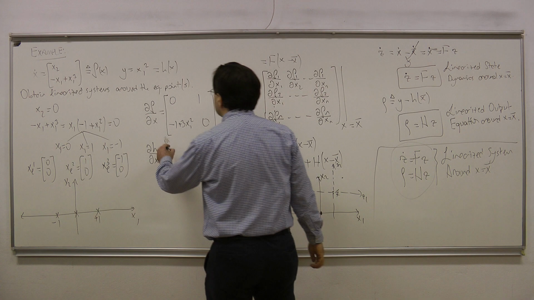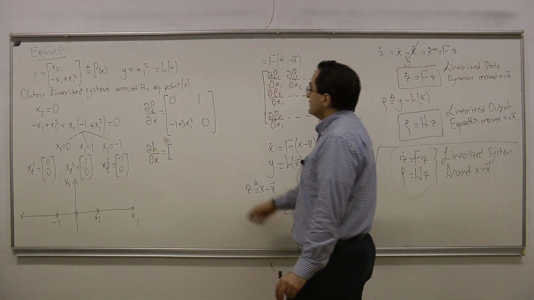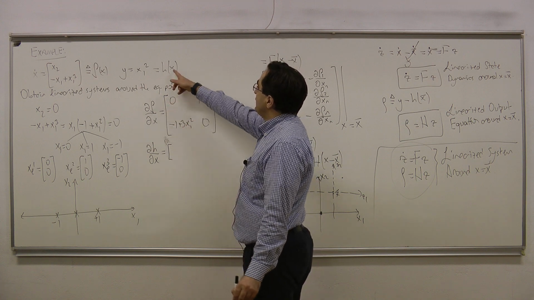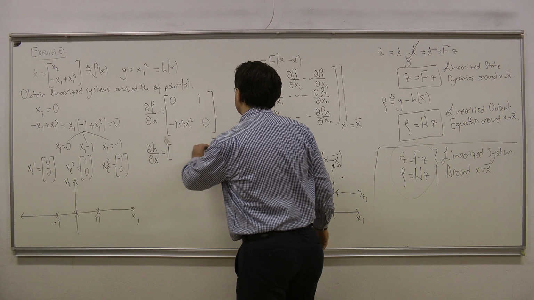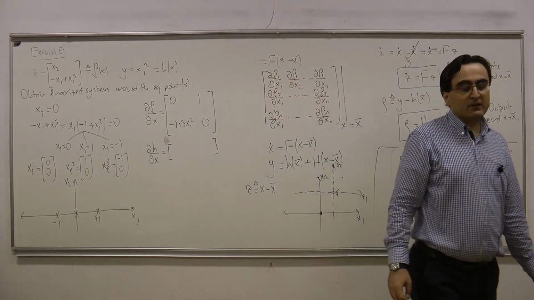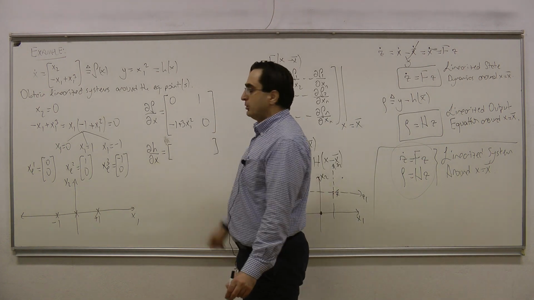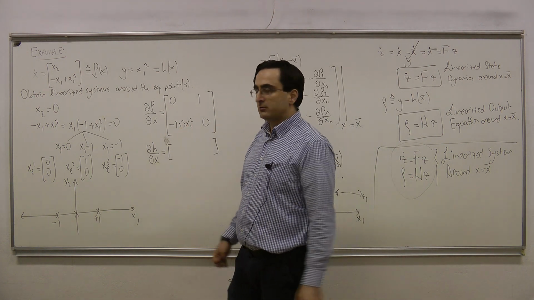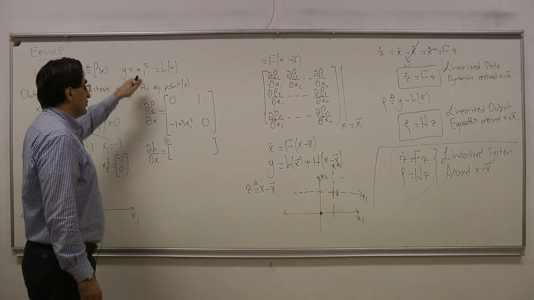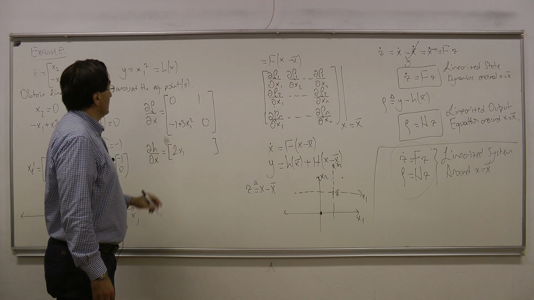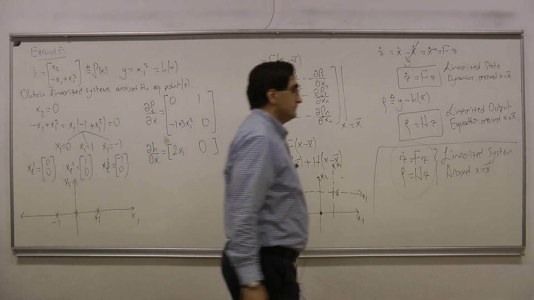That means that the number of rows of this Jacobian matrix is going to be 1, and the number of columns would be, again, the size of x here, which is just 2. So the Jacobian matrix of h would be a 1 by 2 matrix. It's going to be a horizontal vector. So the derivative of h with respect to x1 is 2x1, and derivative of h with respect to x2 is 0.